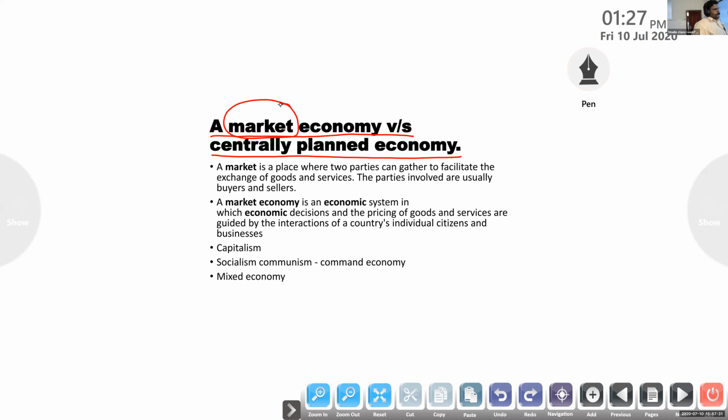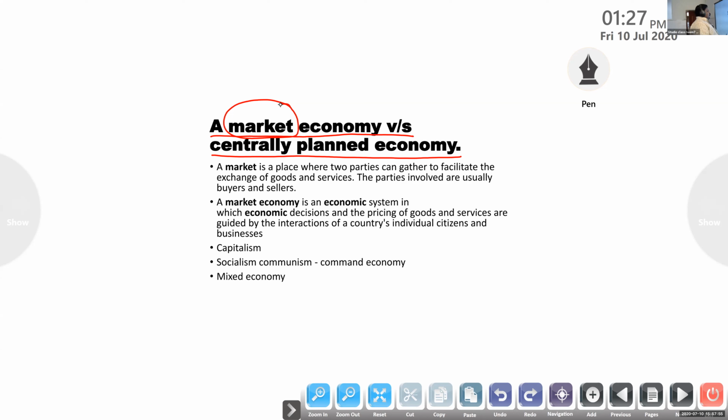Amazon and Flipkart. So we are not connected with a place there. It's a platform, a virtual one. Wherever buying and selling take place, that area or scenario, we can say it's a market.